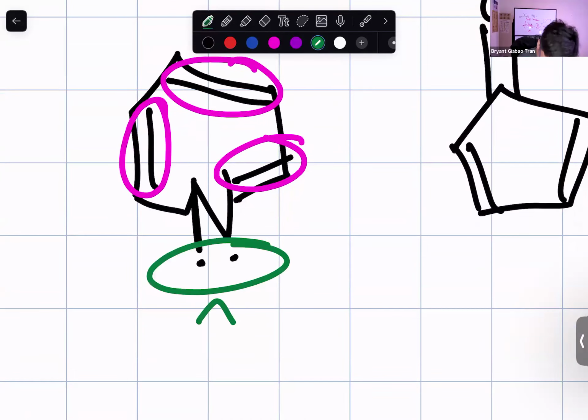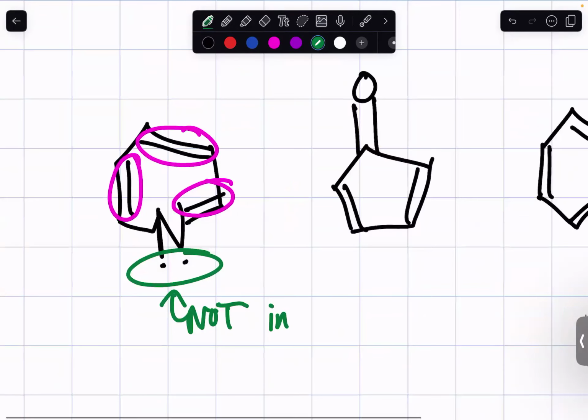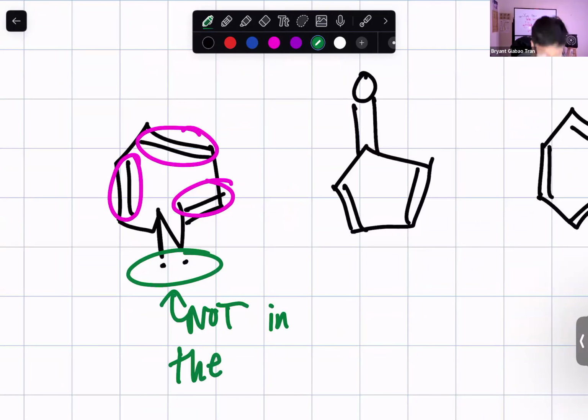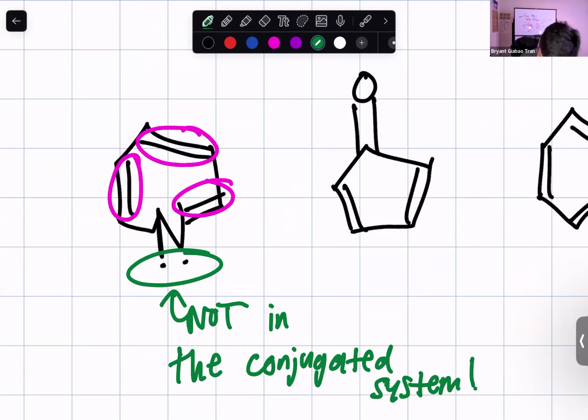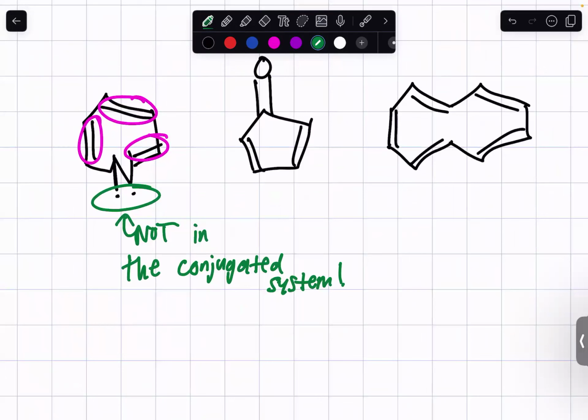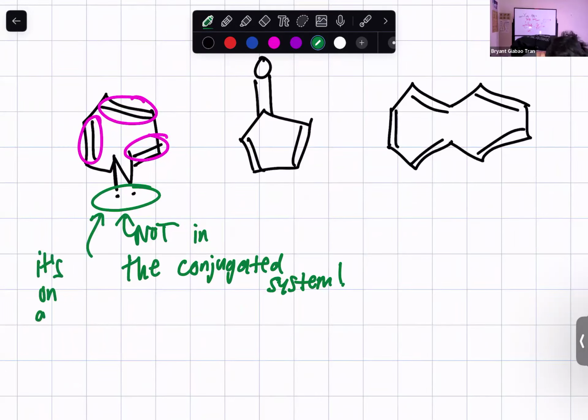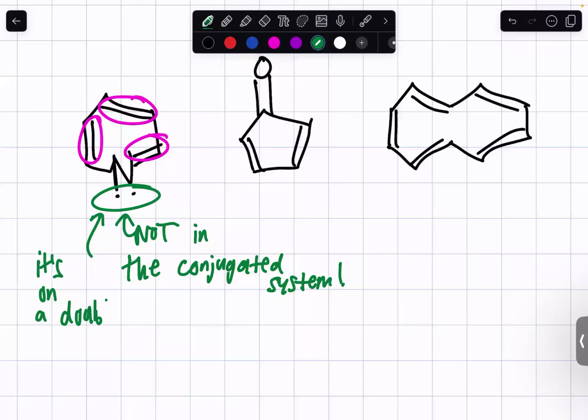This pair of electrons here is not in the conjugated system. It's not part of the resonance system. The way you can think about that is because it's on a double bonded atom.